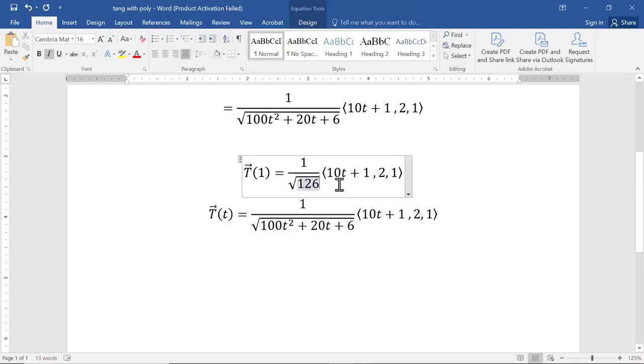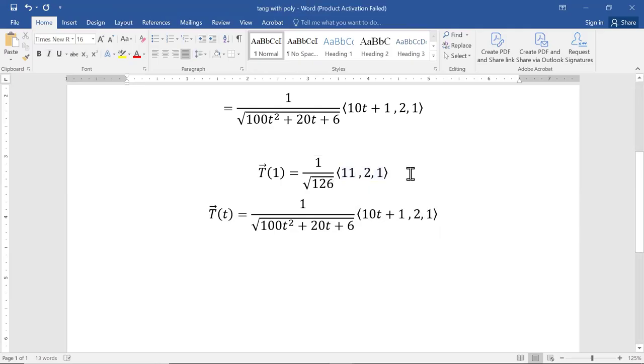When I plug in 1, I get 10 times 1 plus 1, that's 11. And so the derivative vector would have been 11, 1. If I multiply that by 1 over square root of 126, that will be of unit length.